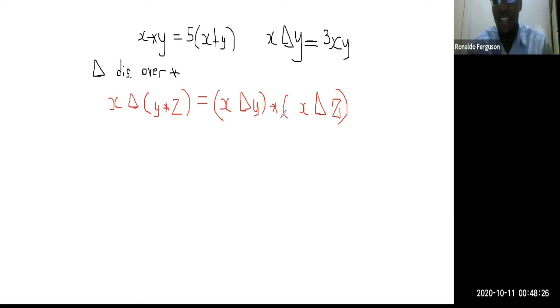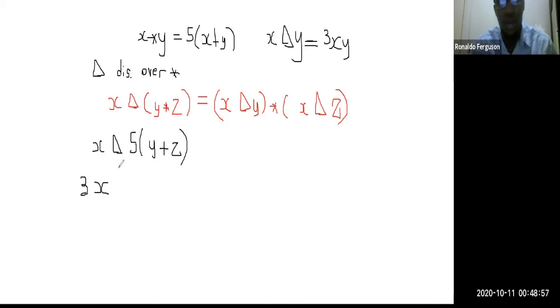What is y star z? y star z is just going to work out to be 5 times y plus z, and then x delta 5 times y plus z is 3 times x times our second number, which is 5 times y plus z.